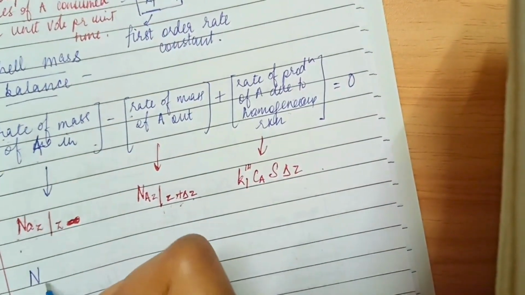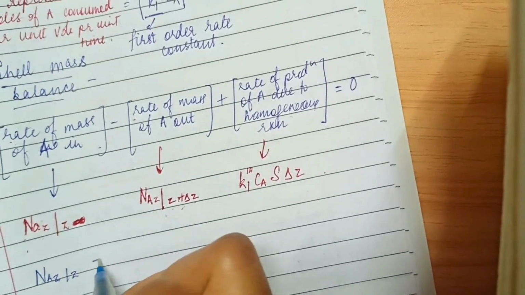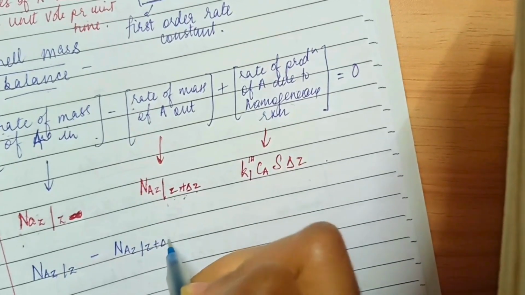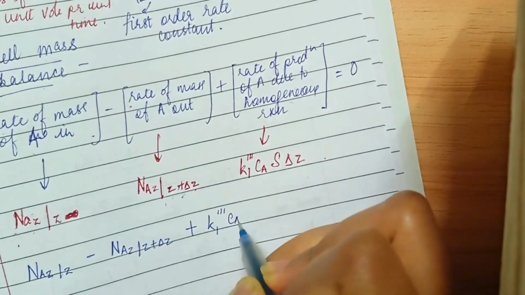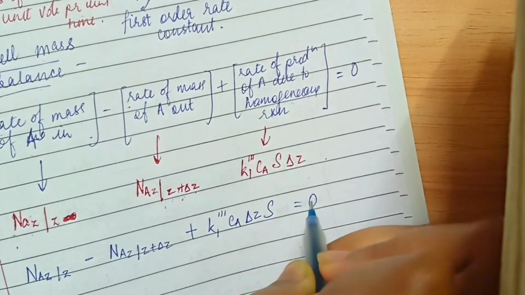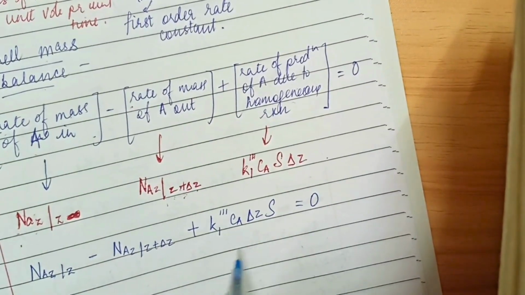So we get an equation as NAZ at Z minus NAZ at Z plus delta Z plus K1 triple prime CA S delta Z is equal to 0. This becomes our shell mass balance.